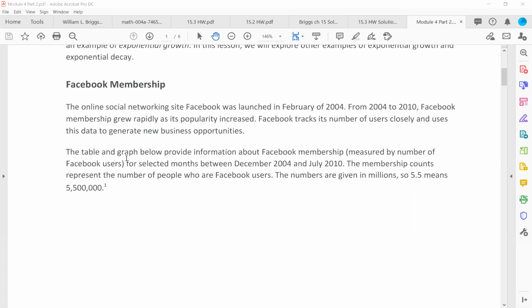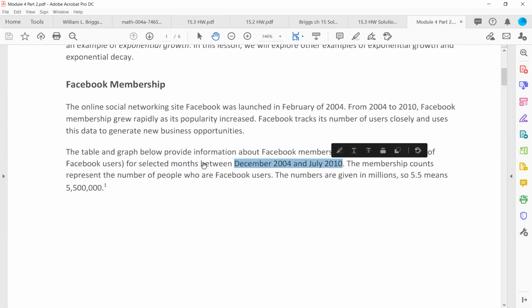The table and graph below provide information about Facebook membership, measured by number of Facebook users, for selected months between December 2004 and July 2010.